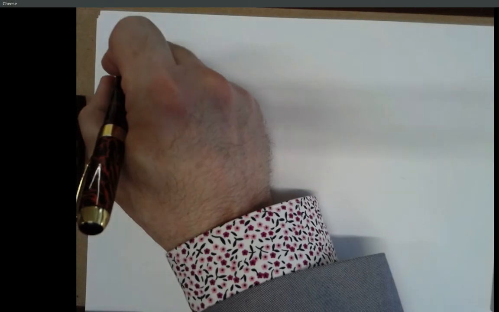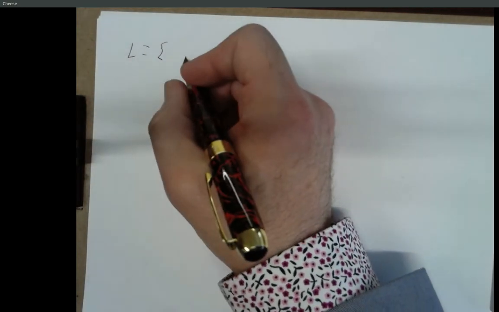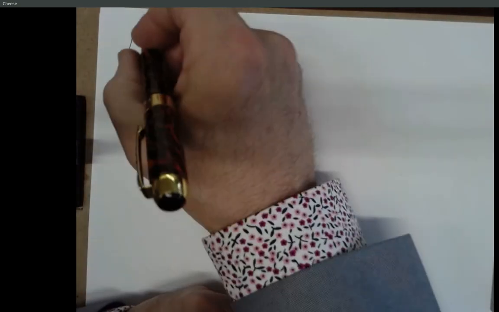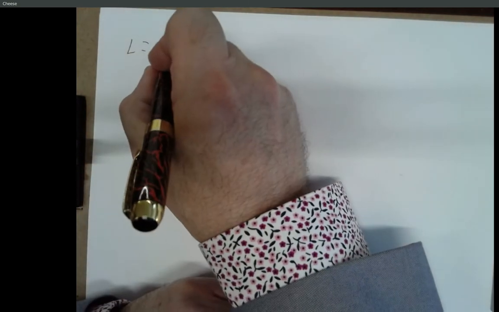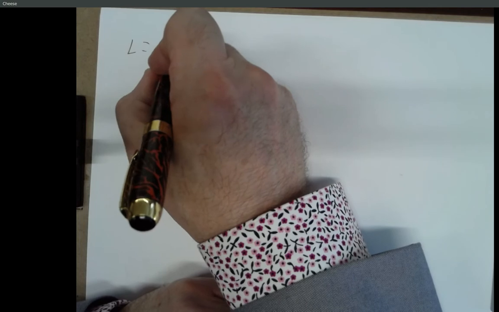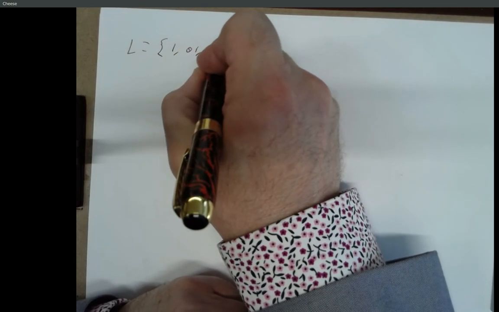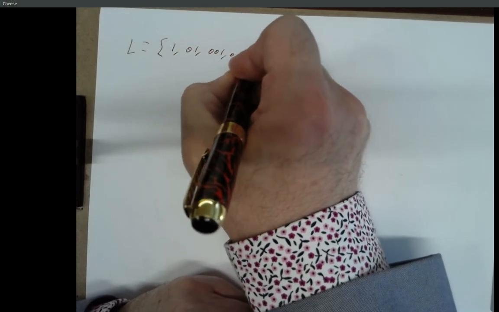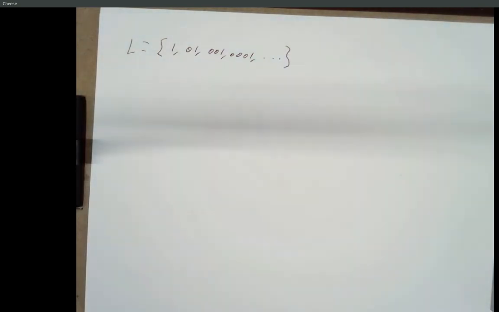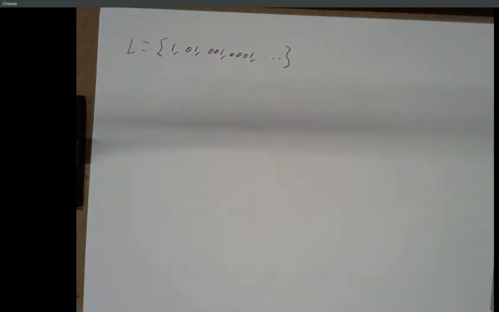The trickier version is synthesis. So let's say we want a language that consists of any number of zeros followed by a 1.